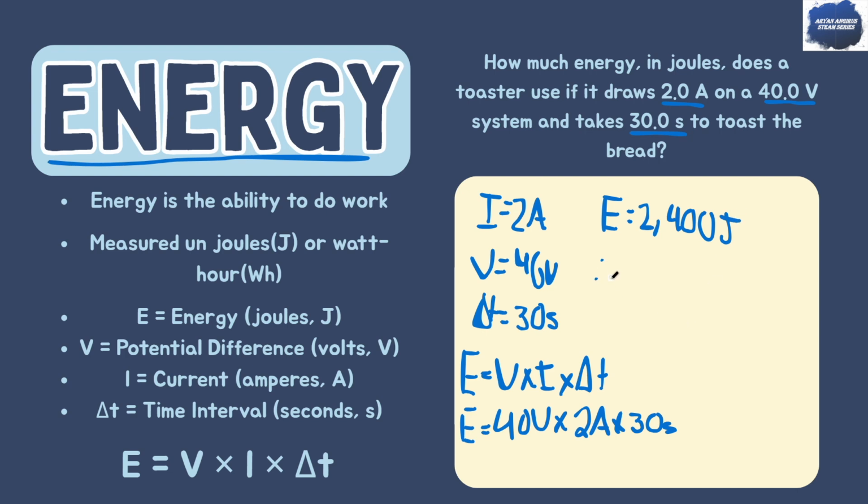We're at the therefore statement. Therefore the toaster uses 2,400 joules.